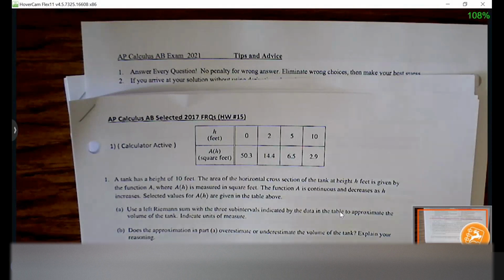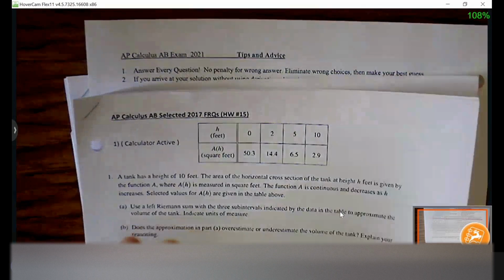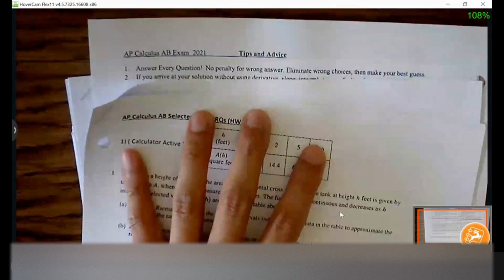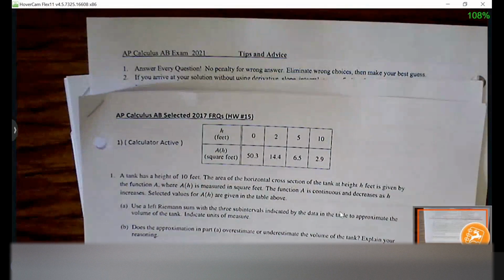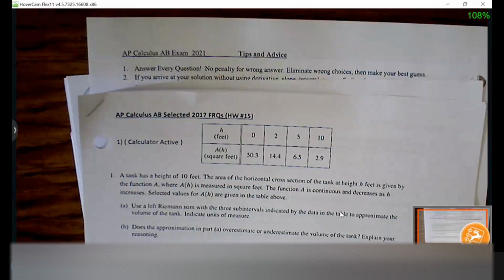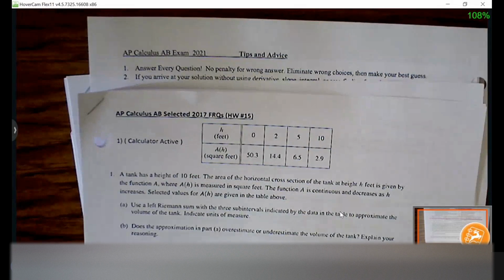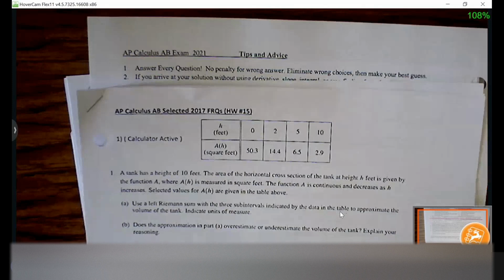Okay, so these assignments 11 through 16, they're not due until next Friday, but I would highly encourage you guys just to work through them. The more FRQs that you do, the more comfortable you get, the faster you'll move during the testing. I just think it's going to benefit you, assuming you have time, right?